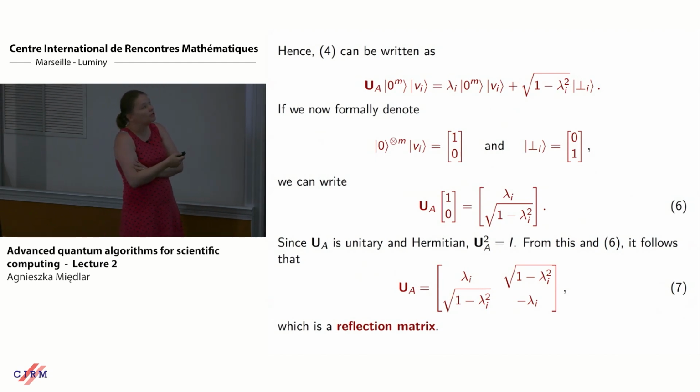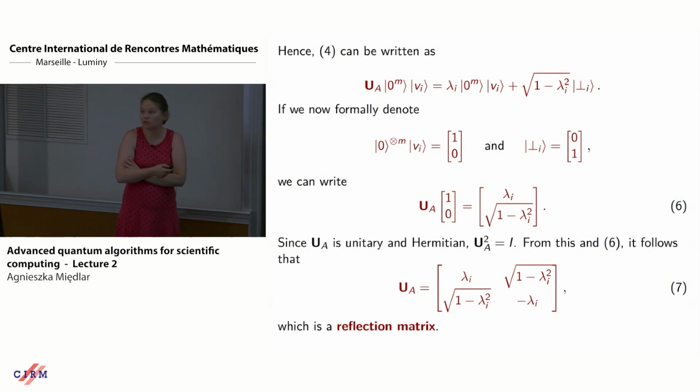I also know that UA is a unitary because it's a block encoding, and here we assumed also it's Hermitian. So I know that UA squared has to be equal to the identity. I already have the first column of it, so I can easily get back the formula for this matrix. So the block encoding UA will have this form.